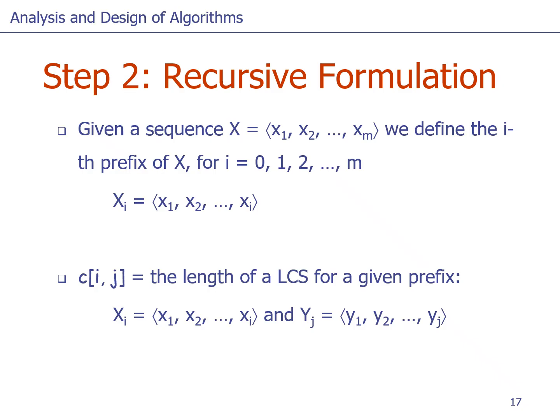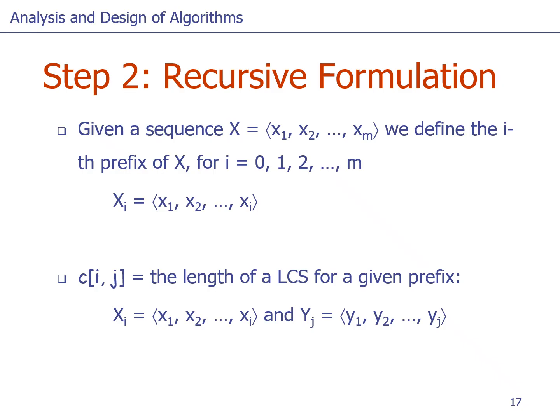Now, for any given cell in my 2D array of solutions, that's going to be C of I and J, where I and J you could think of as indices into the first string and the second string that we're trying to find an LCS for. Any specific cell in this array is going to be holding the length of the longest common sequence for any given prefix.